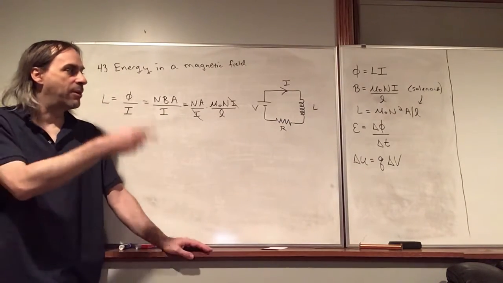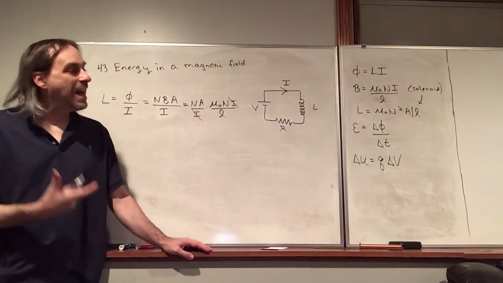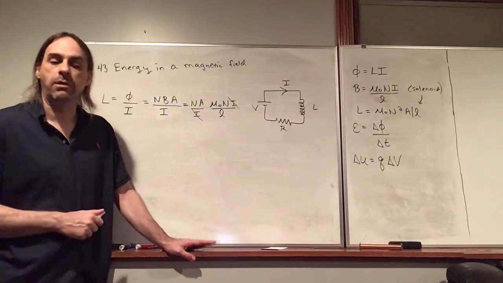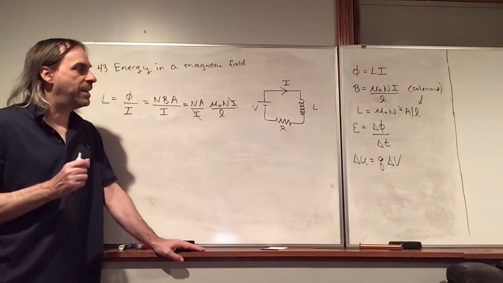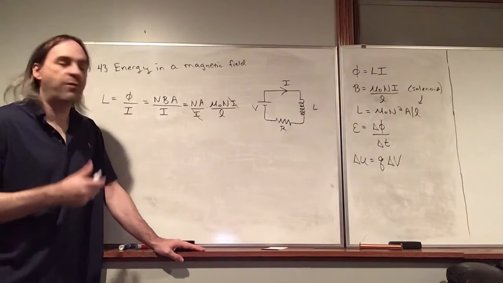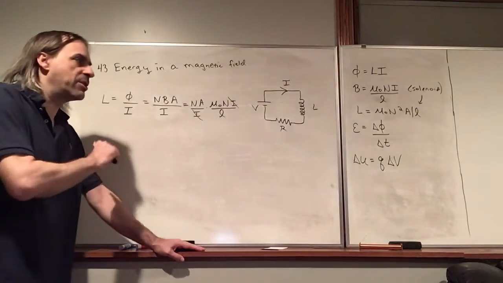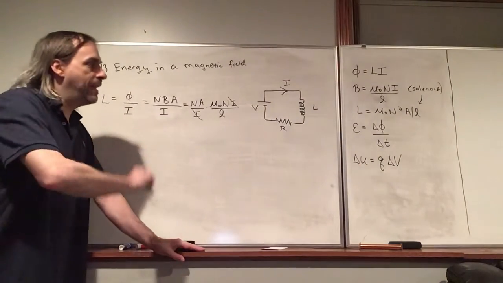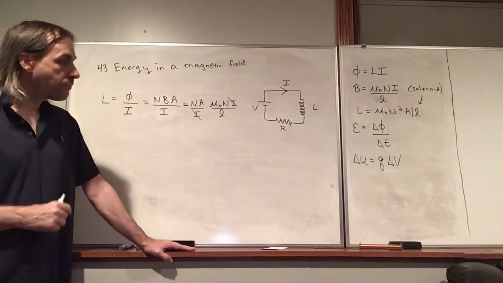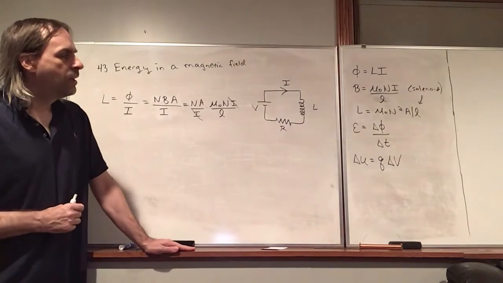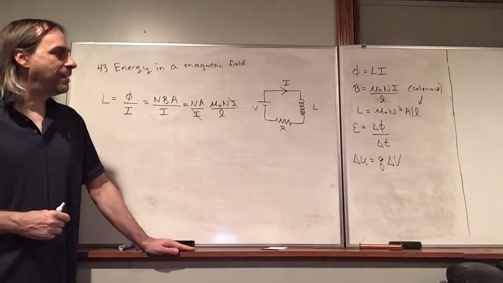So again, if we just leave it alone, the flux is constant, but if we try to increase the current. We could start out by imagining we just flip a switch. So initially there's no current at all, and then we're going to build up to a maximum current of I. But we're going to have to look at it in kind of pieces.